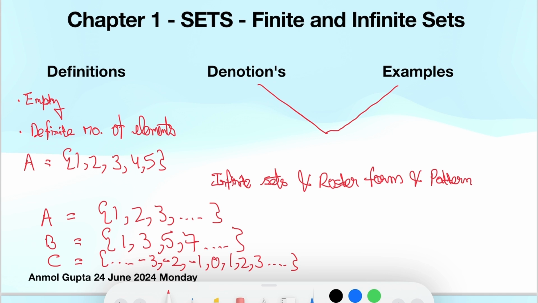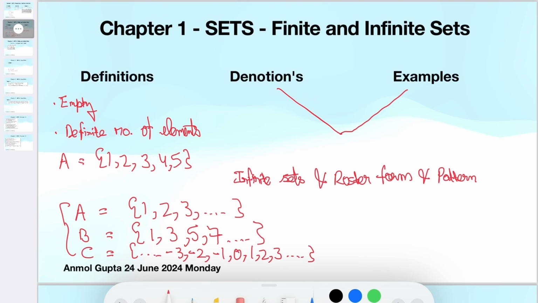Note that not all infinite sets can be represented in roster form, as they don't have any particular pattern. If we observe these three sets A, B, C, they are infinite because they have a particular pattern and can be represented in the dots form.